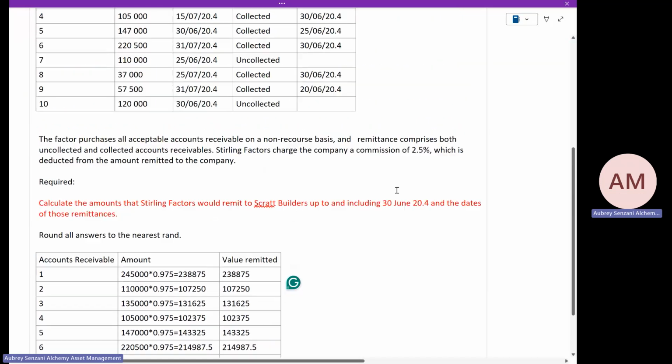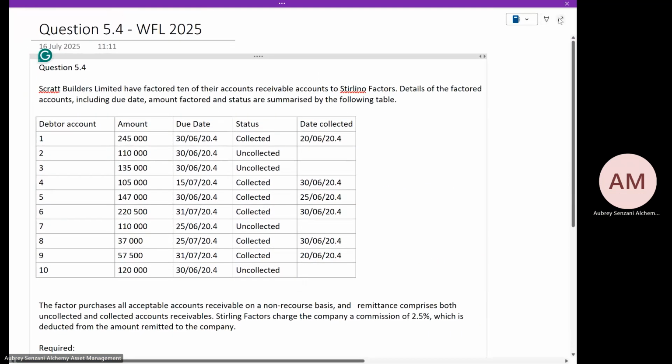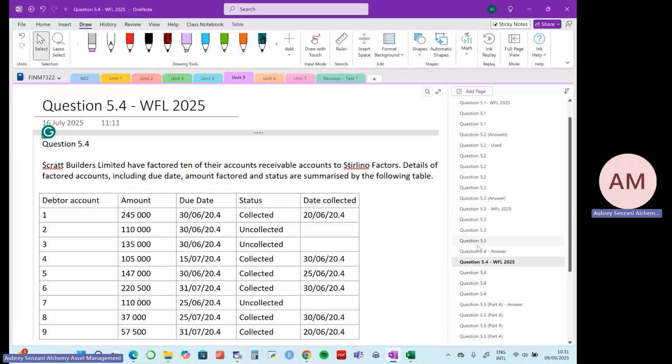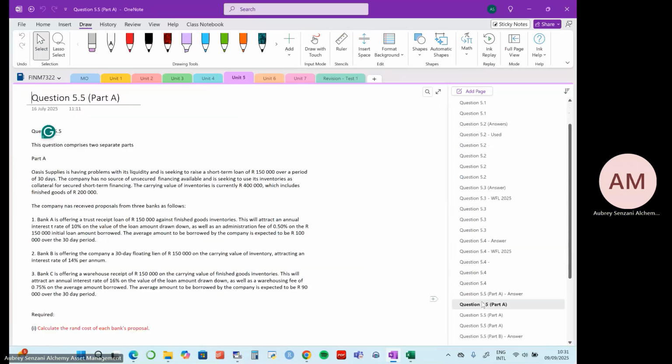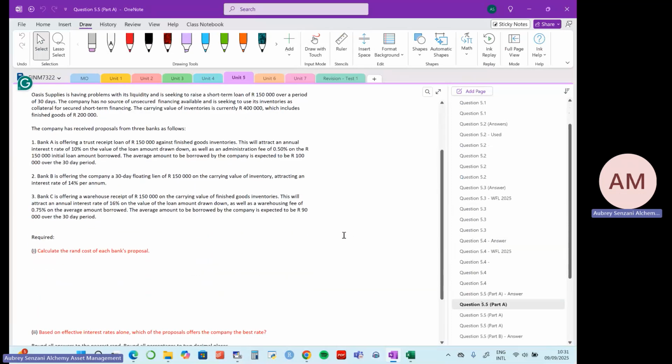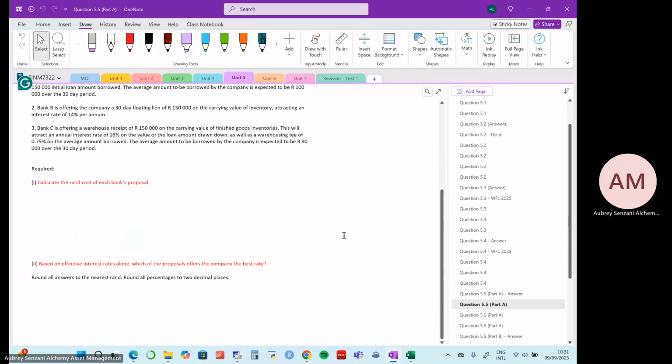Doing pretty well for time. So then, moving to 5.5. What is going on in 5.5? If we look at question 5.5, it's broken up into two sections, isn't it? So you've got part A and part B. With part A, under the required, it says calculate the rand cost of each bank proposal.